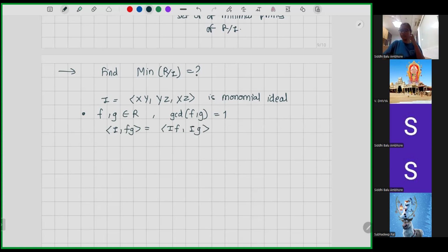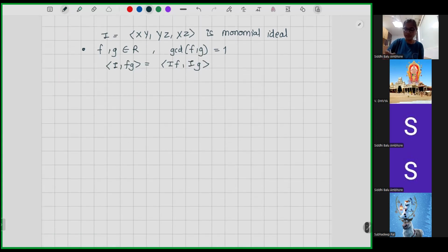This is happening only because this I is a monomial ideal. You will see this result in the upcoming weeks, but we will use this in this question. Assume this for now.